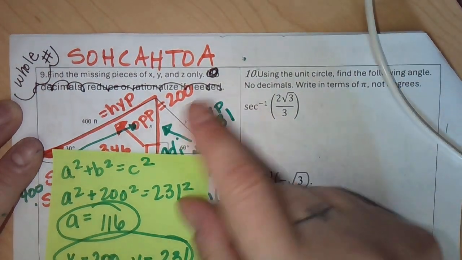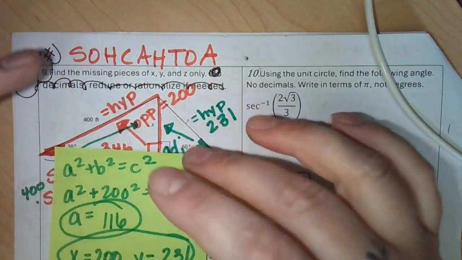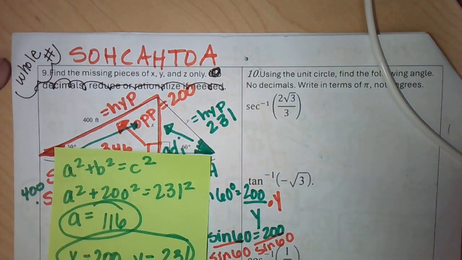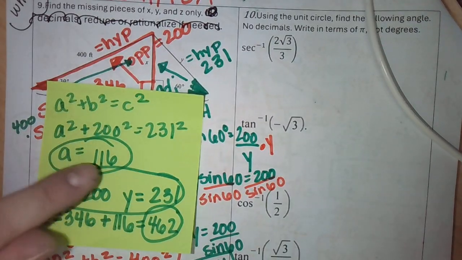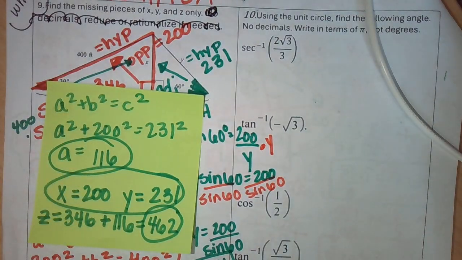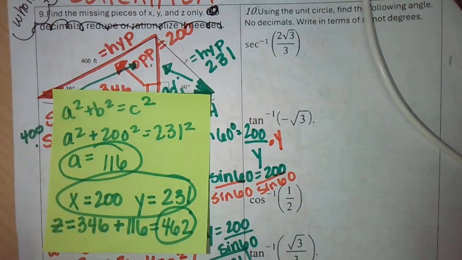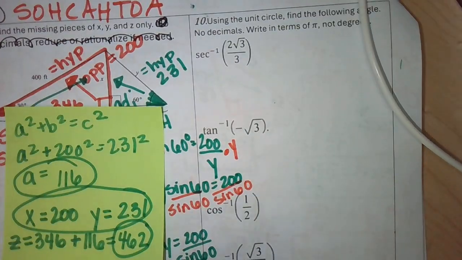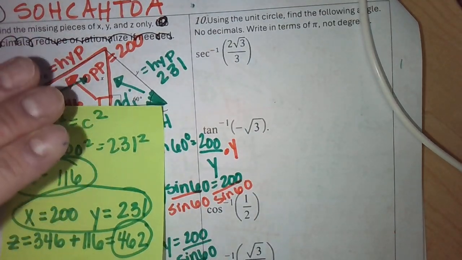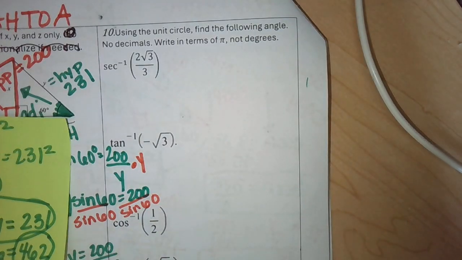If you did this a different way with values from the unit circle or special right triangles, you probably got the same answer as me. It's just that I put it in a calculator and rounded it to the whole number. But I think this calculator way will be easier for you on the day of the test.